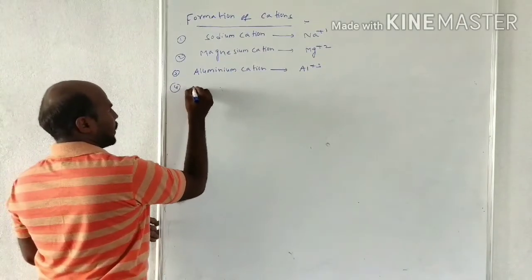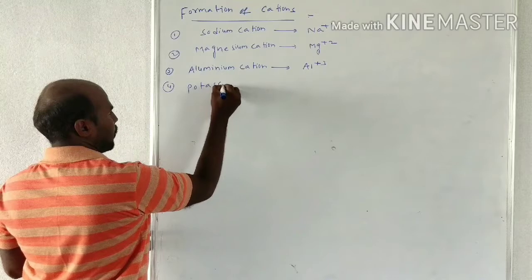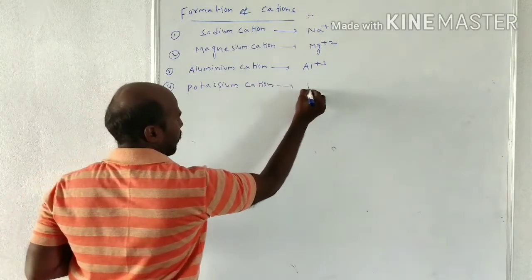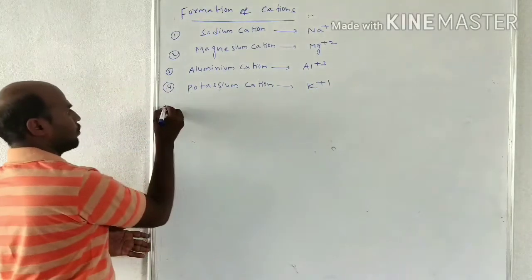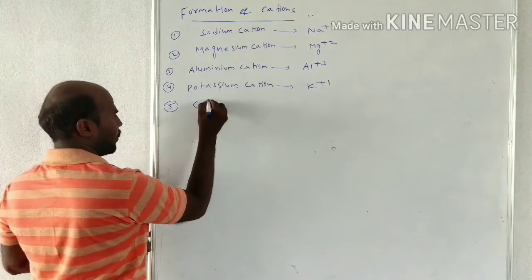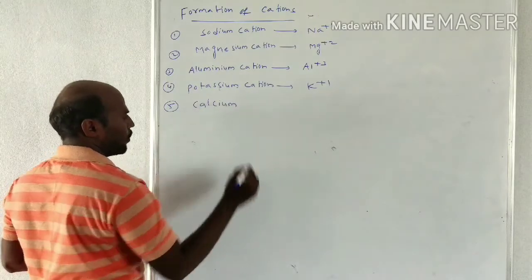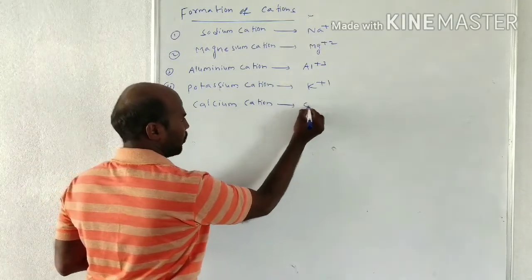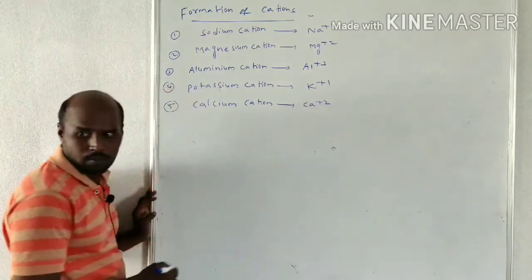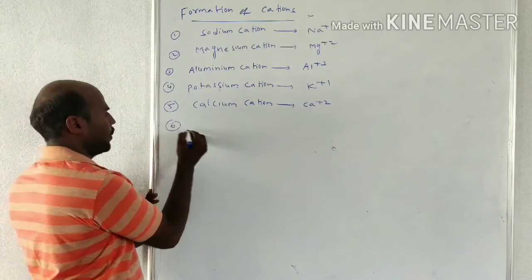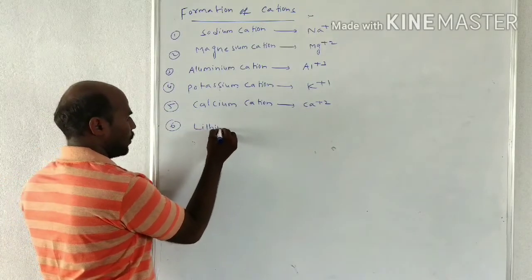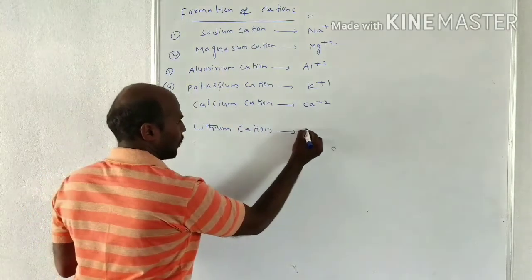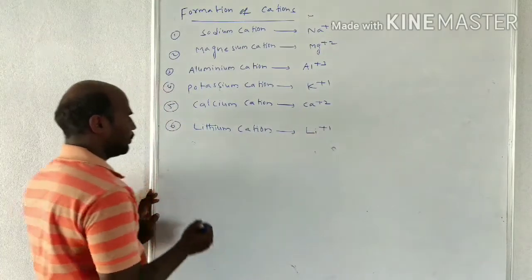The fourth one is potassium cation, K plus 1. Calcium cation, Ca plus 2. Lithium cation, Li plus 1.